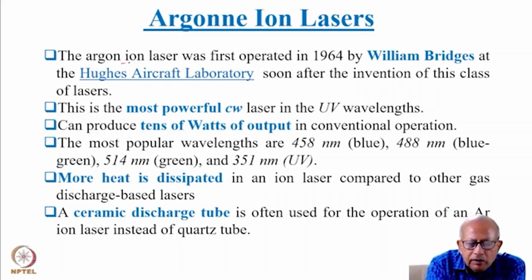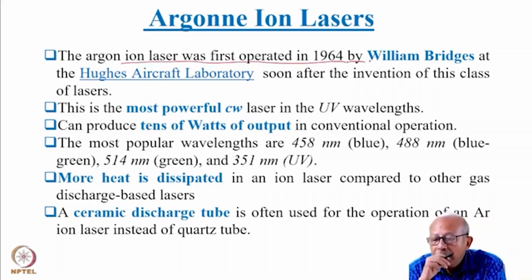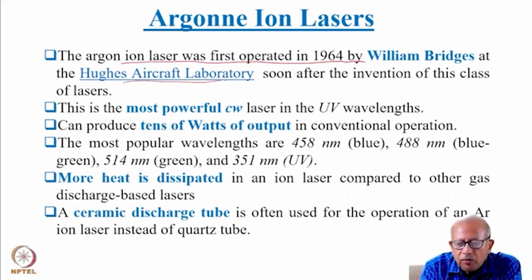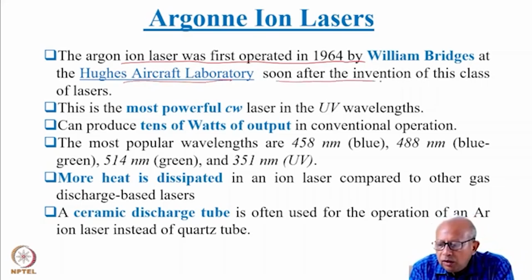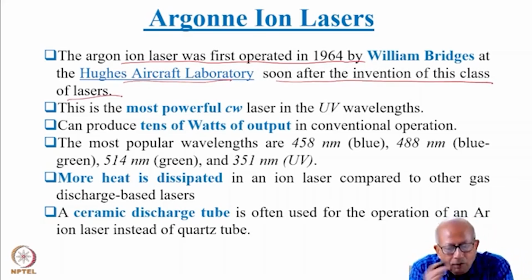The argon ion laser was first operated in 1964 by William Bridges at the Hughes Aircraft Laboratory, soon after the invention of this class of lasers by William R. Bell when he first operated ion laser by making use of singly ionized mercury atoms.